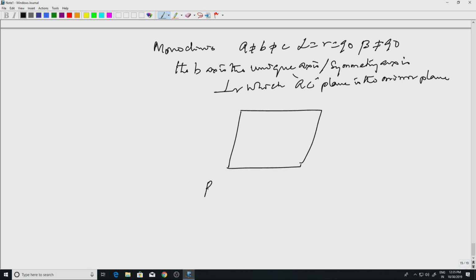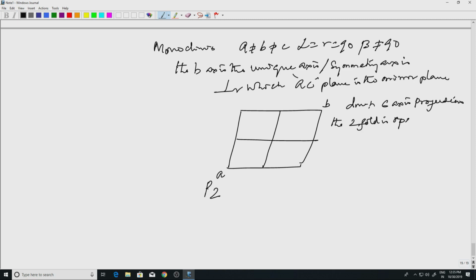Now the first one is P2. Again down C axis projection. This is our A and B. The two-fold is operating along the B axis.